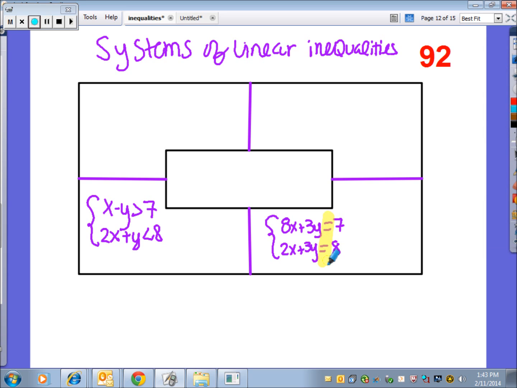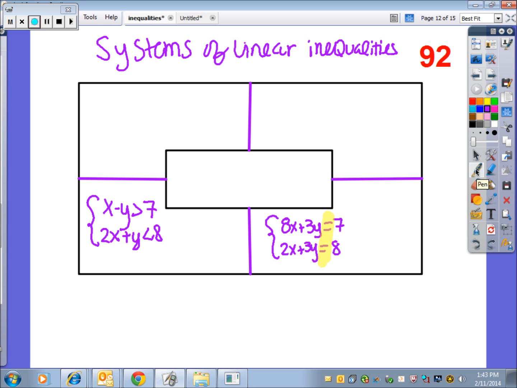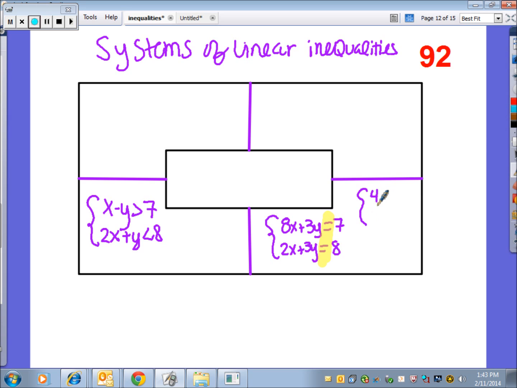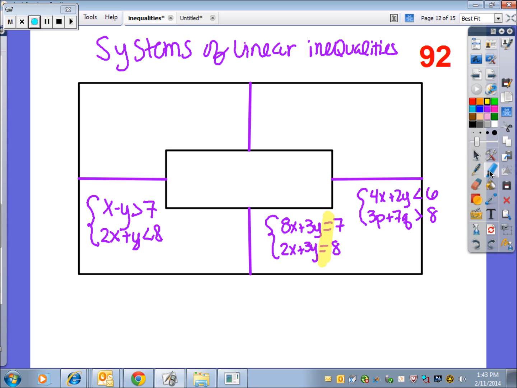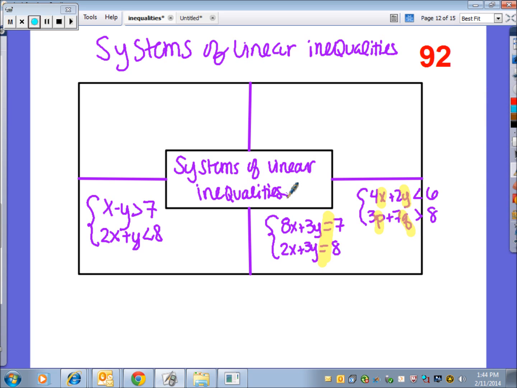They are equalities or equations. Another non-example is 4x plus 2y is less than 6, or 3p plus 7q is greater than 8. This is not a system of inequalities because we don't use the same variables. You have the middle filled out there.